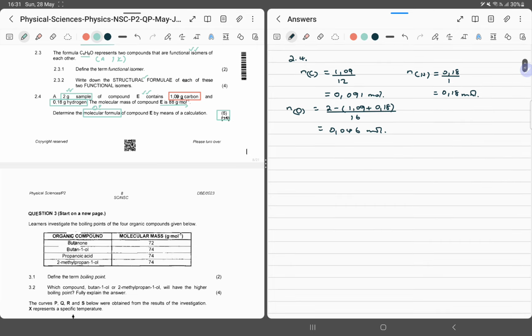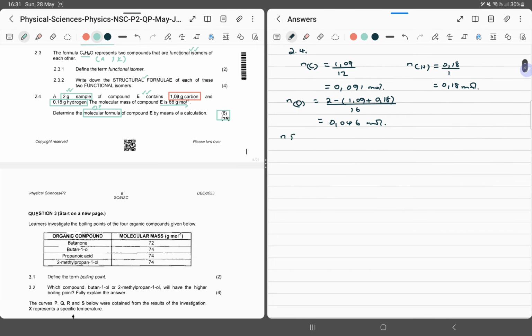Now what do we know? We know that we need the molar ratio of these three. For the molar ratio, we're always going to divide by the smallest, and the smallest is 0,046. So for carbon, it's going to be 0,091 divided by the smallest, which is 0,046.